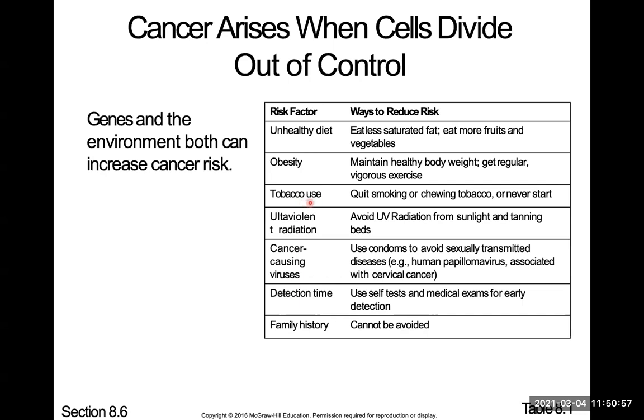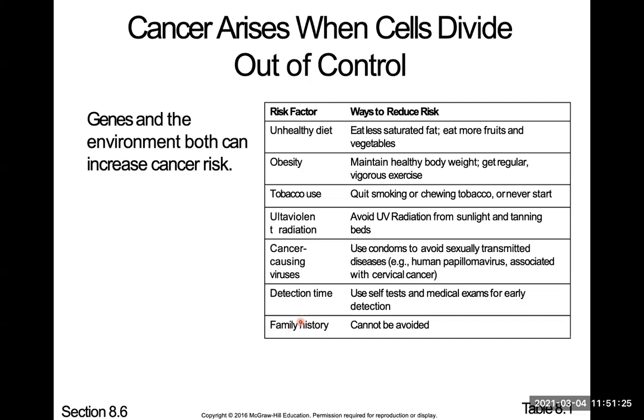Also, the vapors some people use, they just haven't gotten around to limiting that. So that can weaken your immune system as well. And then unhealthy diet. One thing that's not on this list, but it's well known, is alcohol abuse. That can also weaken your immune system, and it can mess up your genes and cause mutations.